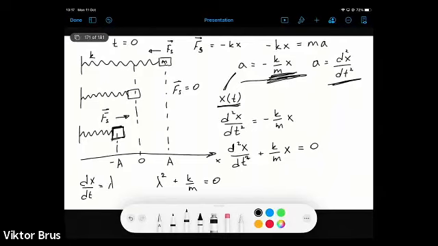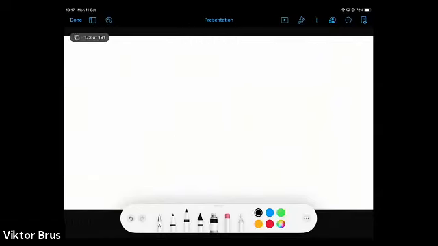And we solve this characteristic equation. It's a quadratic equation. So let us write it here on this other slide. Lambda squared plus k divided by m equals 0. We know the general case of a quadratic equation from school looks like this.